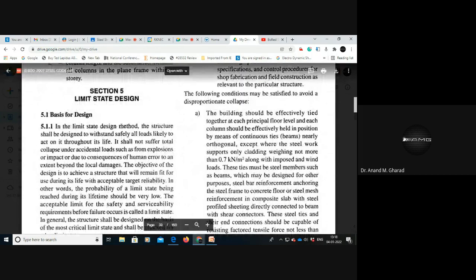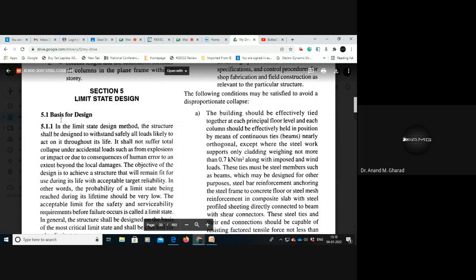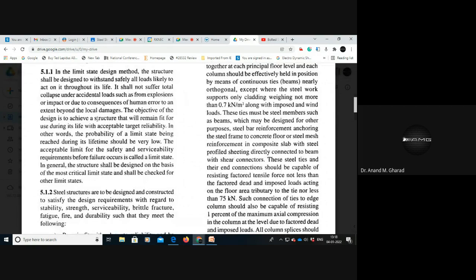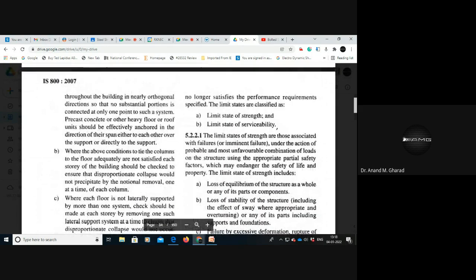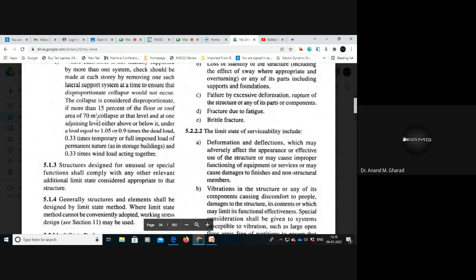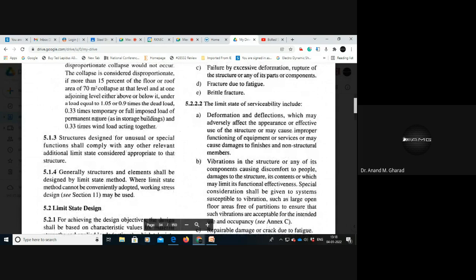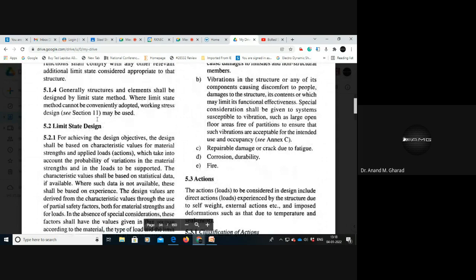Yes, so this is the limit state design, section 5. Over here, I request you all to please go through this section very thoroughly. Please go through this, right? And try to understand what is given over here. And you also refer to the content of books, journals, whatever you feel like. Try to collect as much information as possible, and you write down the practical number 2 which I have given.